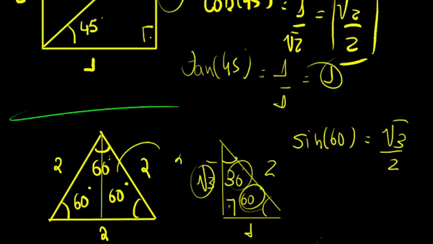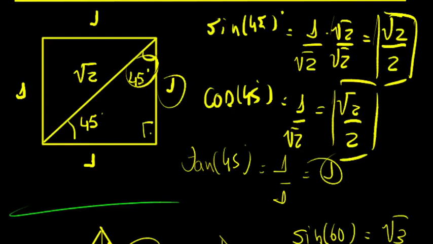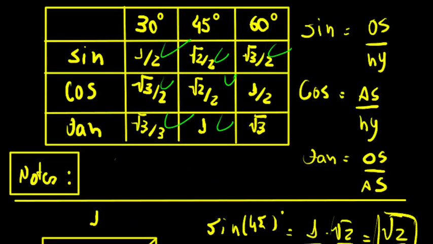The cosine now, the cosine of 60 is equal to the adjacent side, 1, divided by the hypotenuse, 2, so 1/2. Yeah, it's correct.